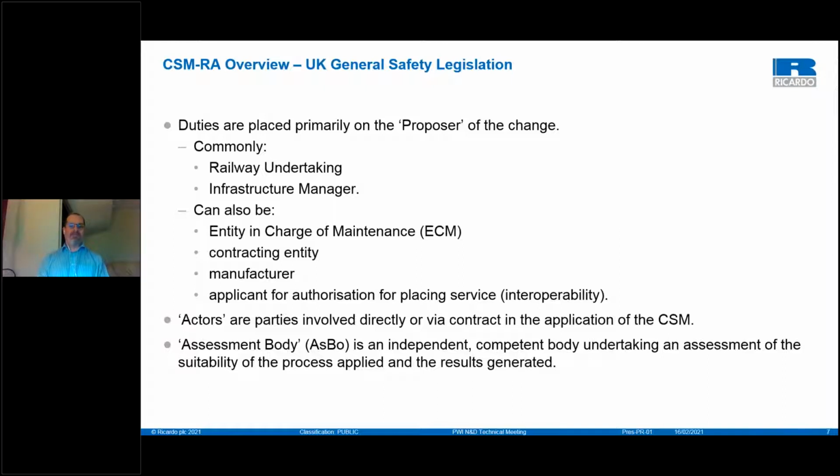Okay, I've mentioned the assessment body, or ASBO. The assessment body is an independent body that at various points in your project, as the project design develops and as you start to implement the project before commissioning, in fact after commissioning as well, will be reviewing the evidence that you are providing that you are adequately managing hazards to reduce risk to be as low as reasonably practicable.